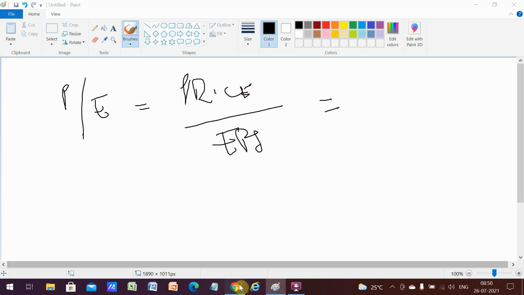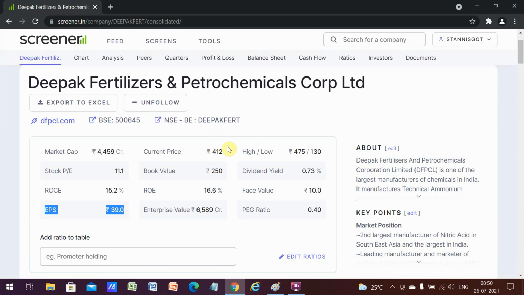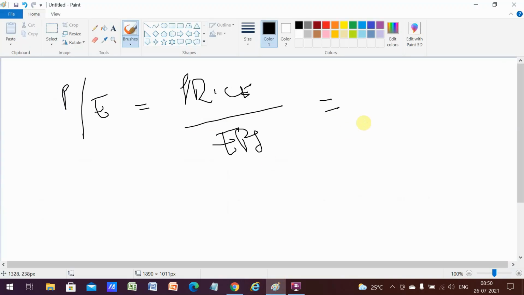In this case, for Deepak Fertilizers, it is 412 divided by 39. If you do that, it should be around the 11 mark. So that is your PE ratio.